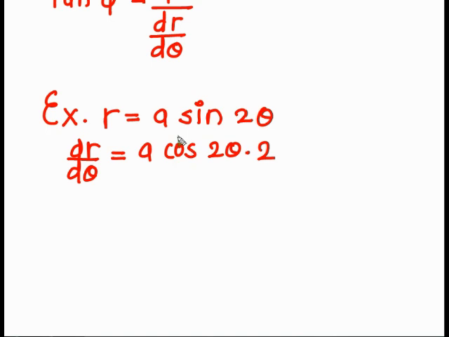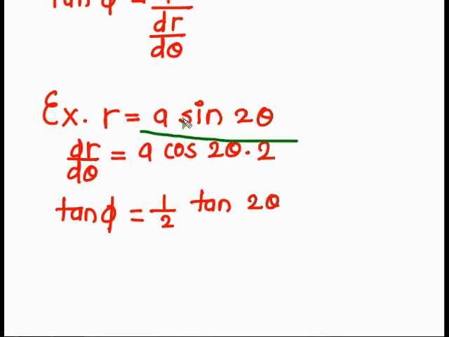The derivative of the constant stays outside, the derivative of sin is cos 2 theta as it is. We have to take the derivative of 2 theta, which is 2, by using the chain rule. Now we take the division of these two, so tan phi is equal to, the a gets cancelled, sin upon cos is tan, and these two remain as they are. So we get tan phi is equal to 1 upon 2 tan 2 theta.